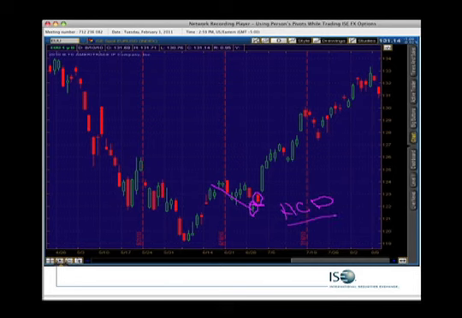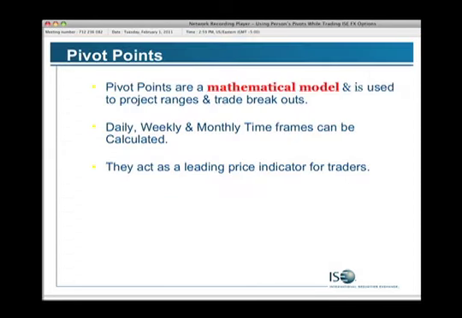Now, I think it's important that if we could overlay some hidden support and resistance targets, that is a different layer that gives us that secondary confirmation other than just using candlesticks in and of themselves. One goes with the other.